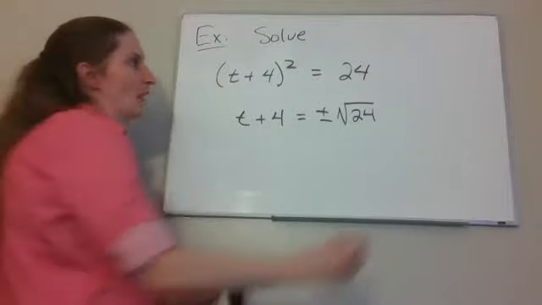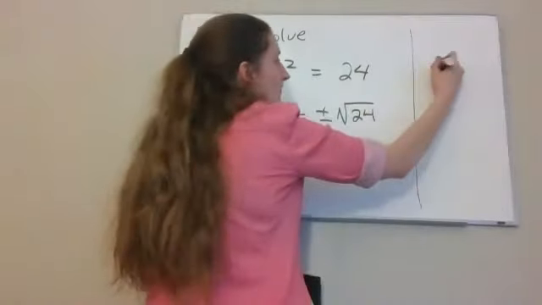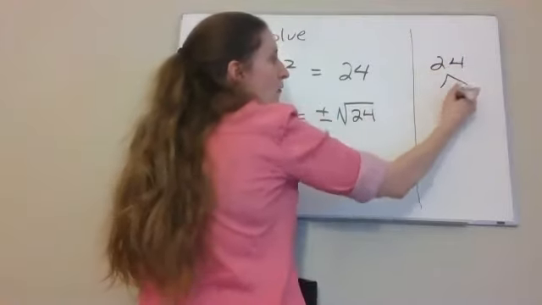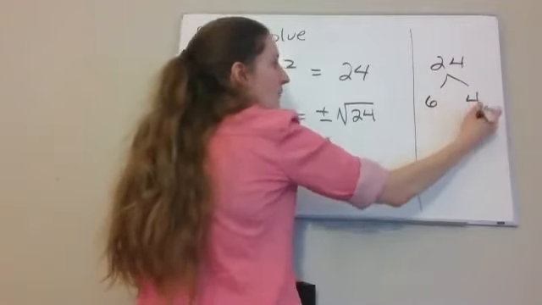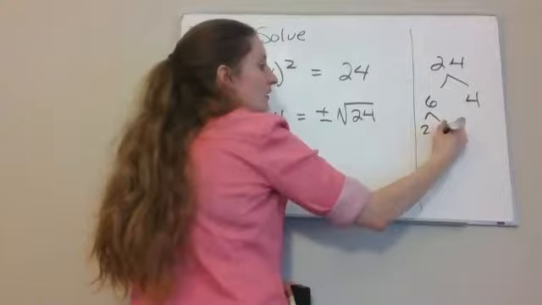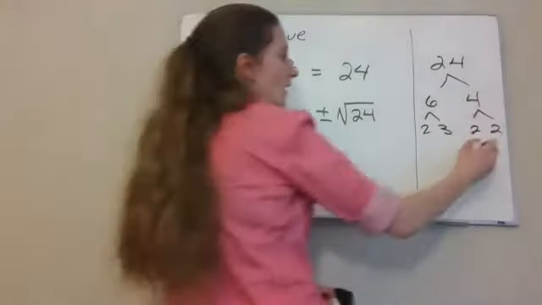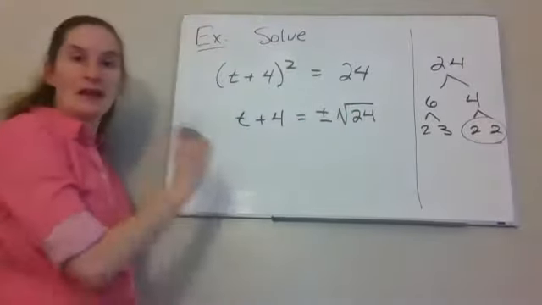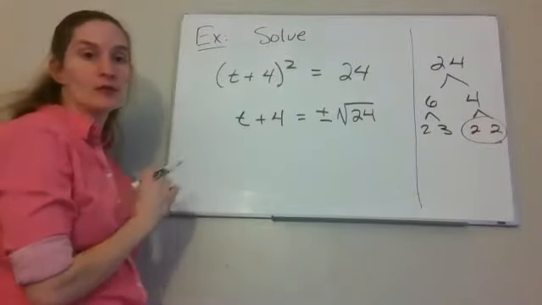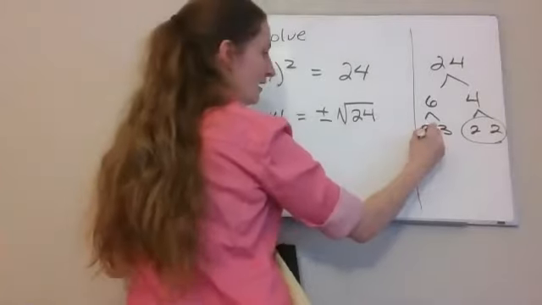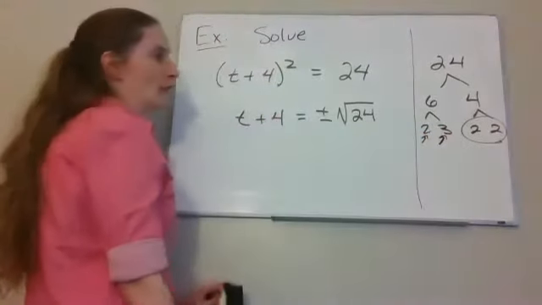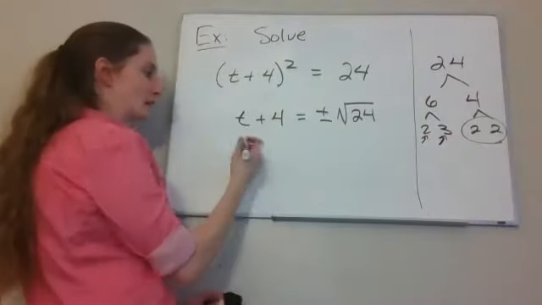Now let's simplify that square root of 24. 24 is the same thing as 6 times 4. 6 is 2 times 3. 4 is 2 times 2. So I have a pair of 2's, that 2 gets to come out of the square root, and the guys that don't have a pair stay underneath the square root as a 6.